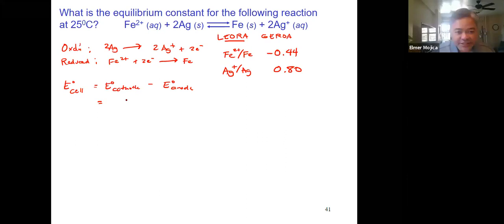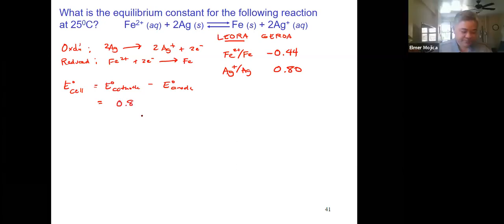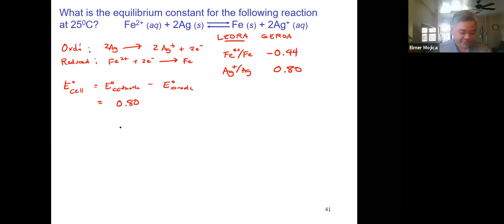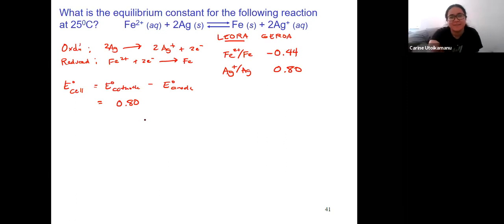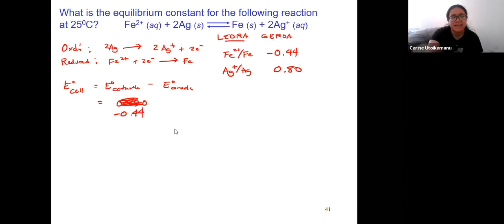So that would be negative 0.44 minus 0.80. I think that was my mistake. And then the other one is 0 minus 0.80.